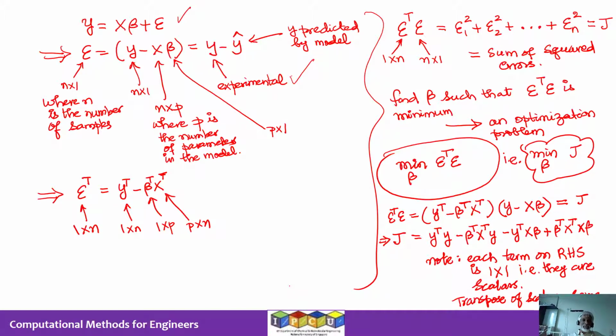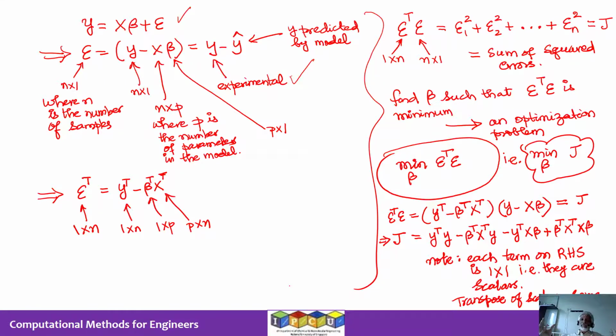Y hat is the value of y predicted by the model, right? Because the model has parameters beta, and if you know X and you know beta, you can multiply X and beta to get the signal part of y. And therefore y hat is equal to X beta, the value of y predicted by the model.